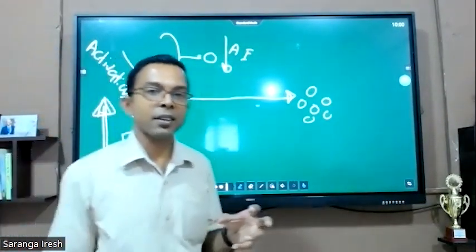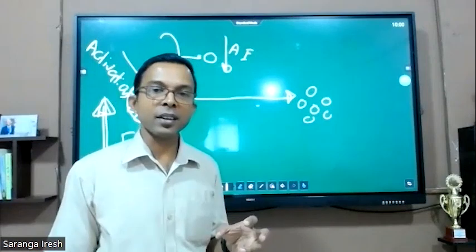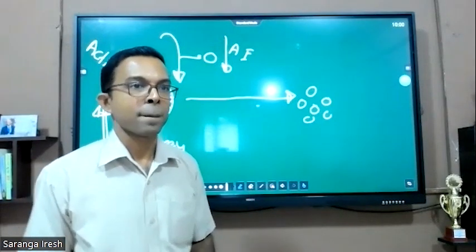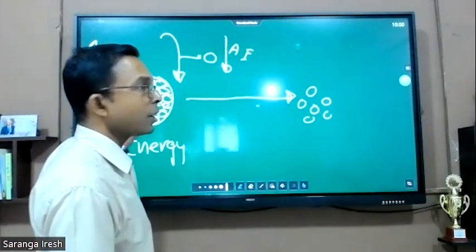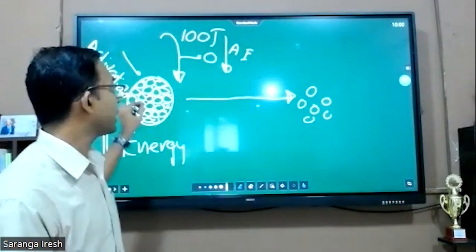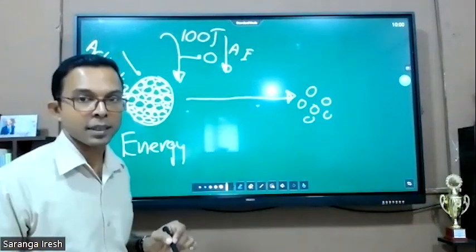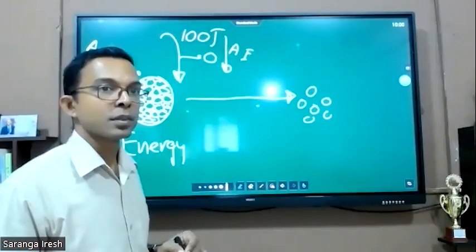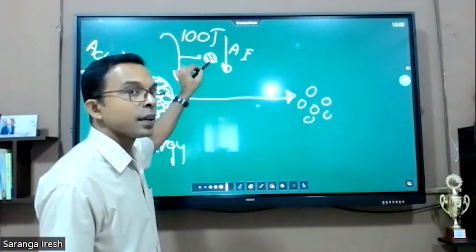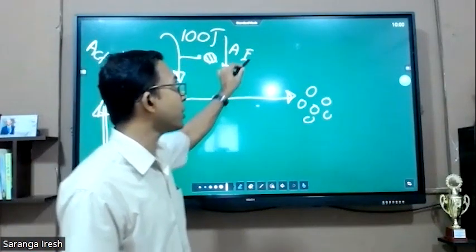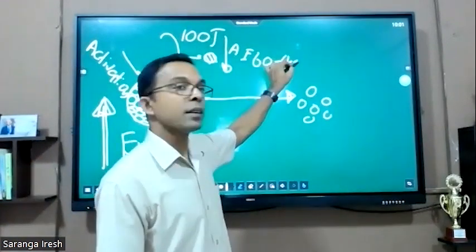The required activation energy drops. For example, to break down this molecule, the activation energy is 100 joules. But with this other molecule, it may be reduced to 60 or 40.